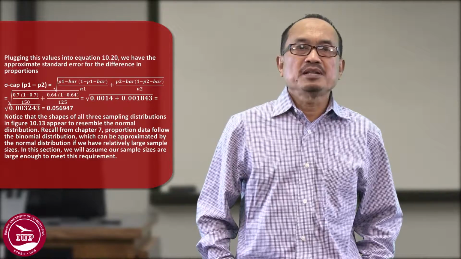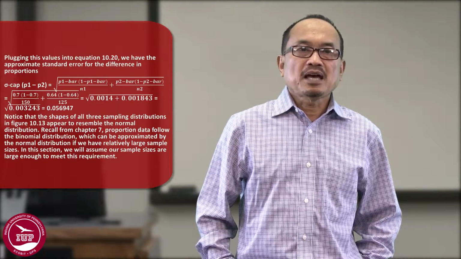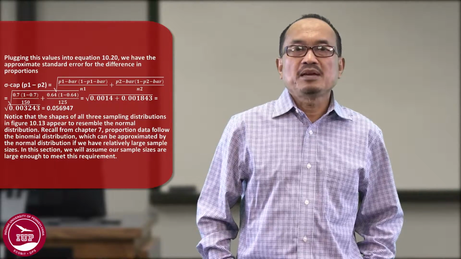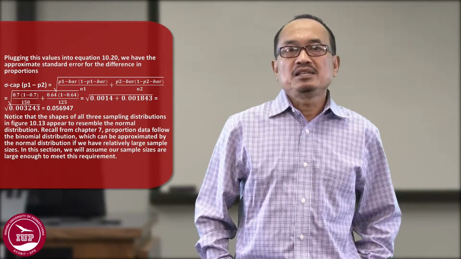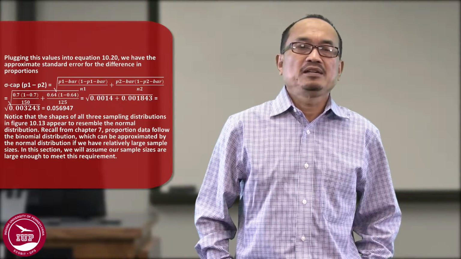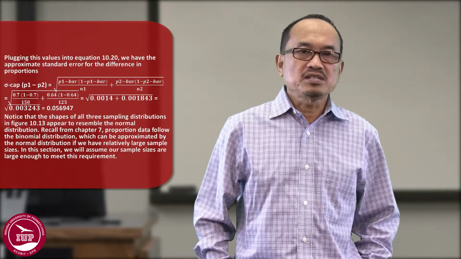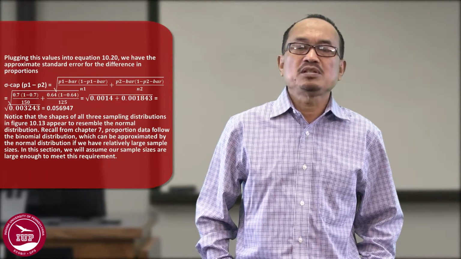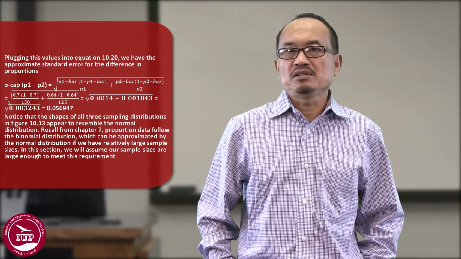Sigma cap of P1 minus P2 is equal to the square root of 0.7 times 1 minus 0.7 divided by 150 plus 0.64 times 1 minus 0.64 divided by 125, equal to the square root of 0.003243, equal to 0.056947.